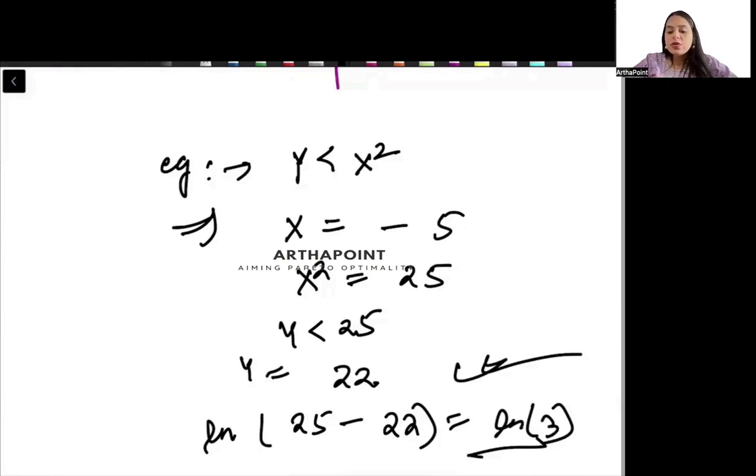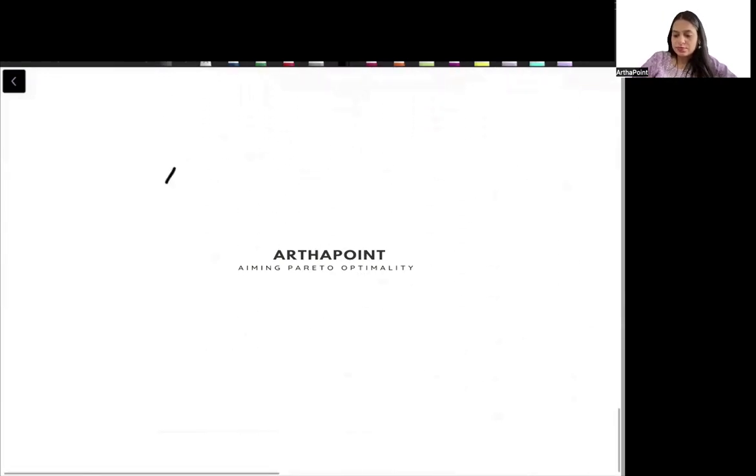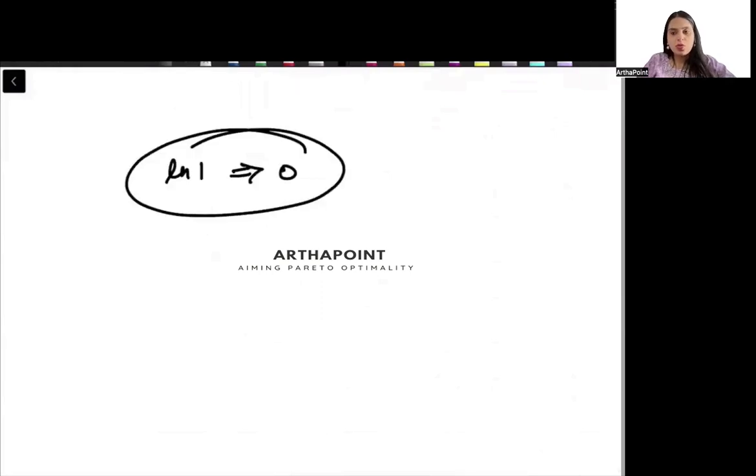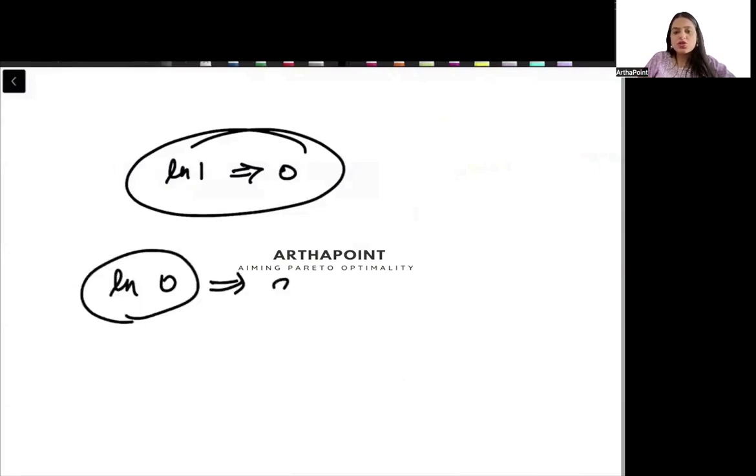Okay. Now there is another thing that we need to keep in mind. What is that thing, beta? Can you tell me what will be the value of ln1? ln1 is 0. And what is the value of ln0? It is not defined.